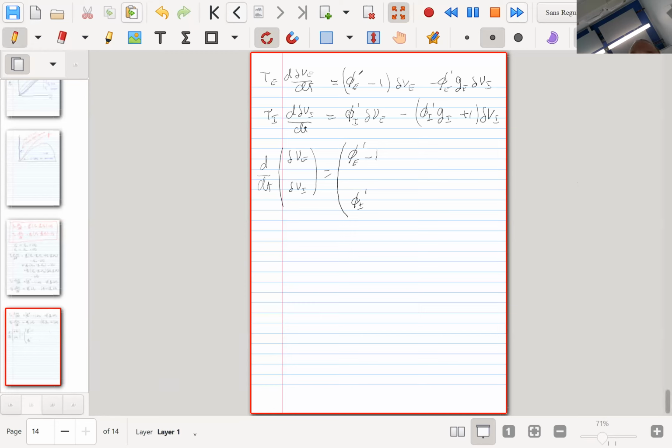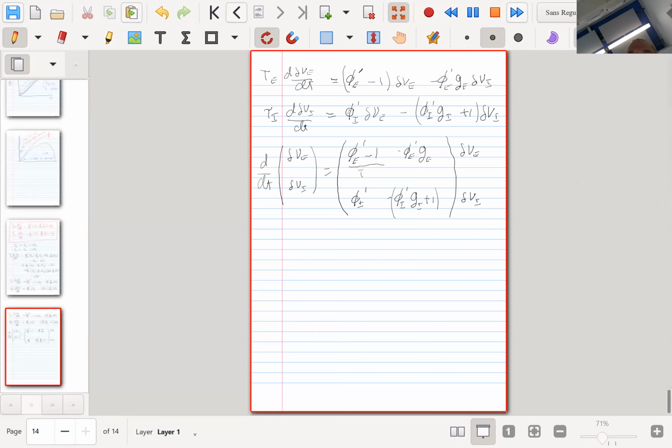So we have phi e prime ge, and we have minus phi I prime gi plus 1, and that gets multiplied by delta nu e, delta nu I, and we have to divide these by tau e, and this by tau I. Okay.